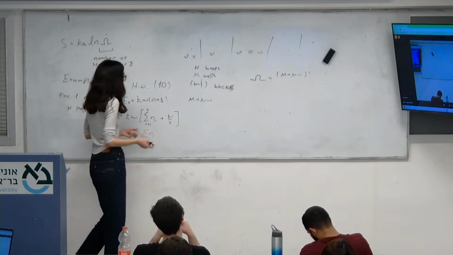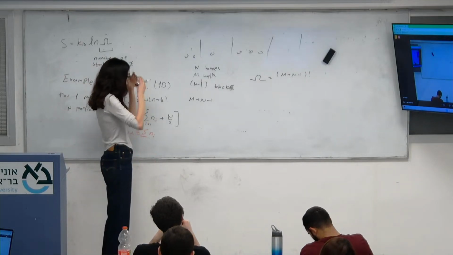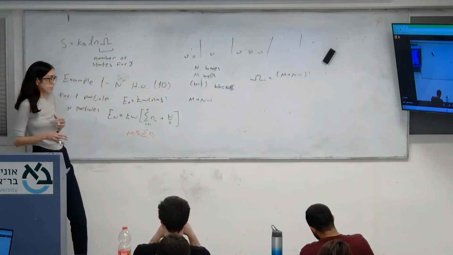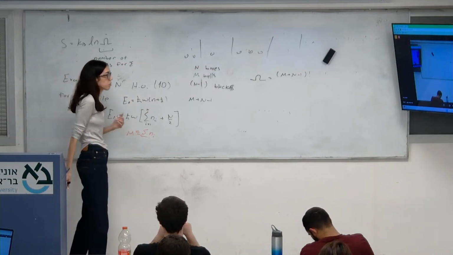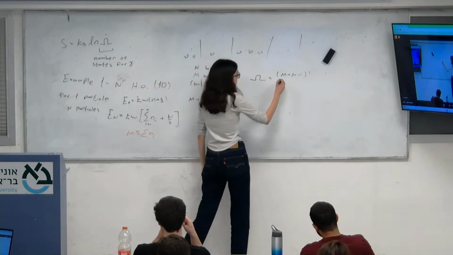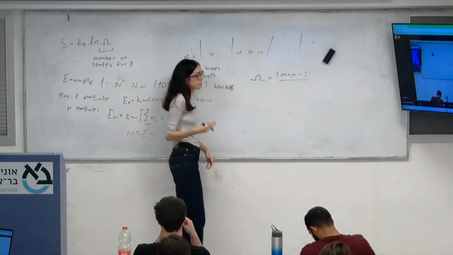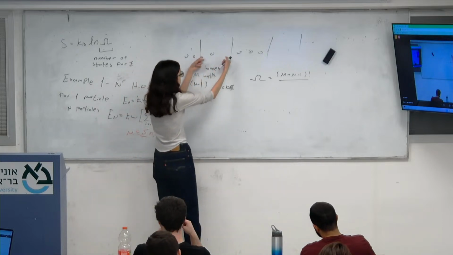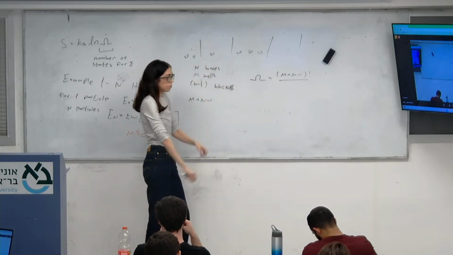But because all of the particles are identical, and in this course they're always identical, we don't have any difference between one wall and another. It doesn't matter if I replace those two walls.